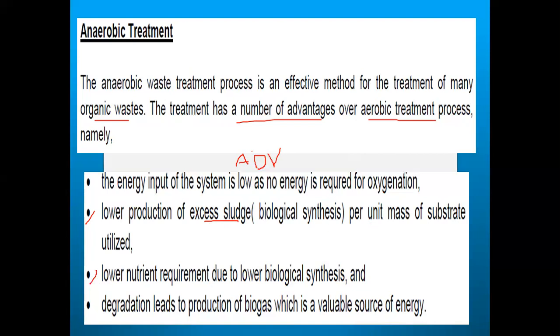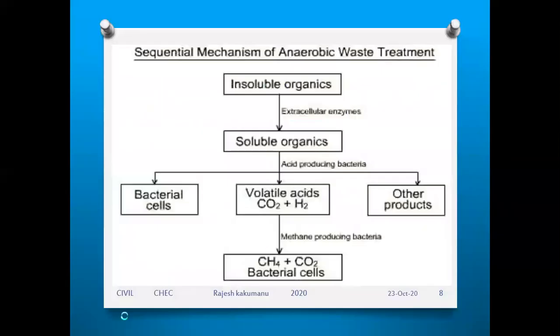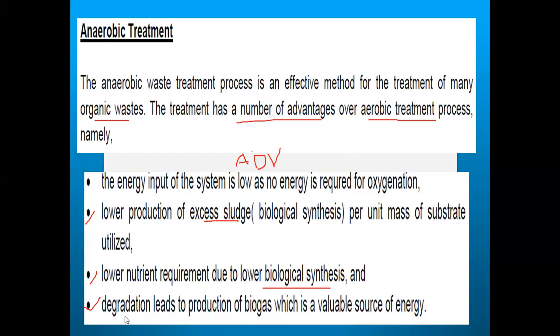The third one is lower nutrient requirement due to the lower biological synthesis. The fourth one is that degradation of this material leads to the production of biomass, which is a valuable source of energy. So these are the four advantages over the aerobic treatment process, right?